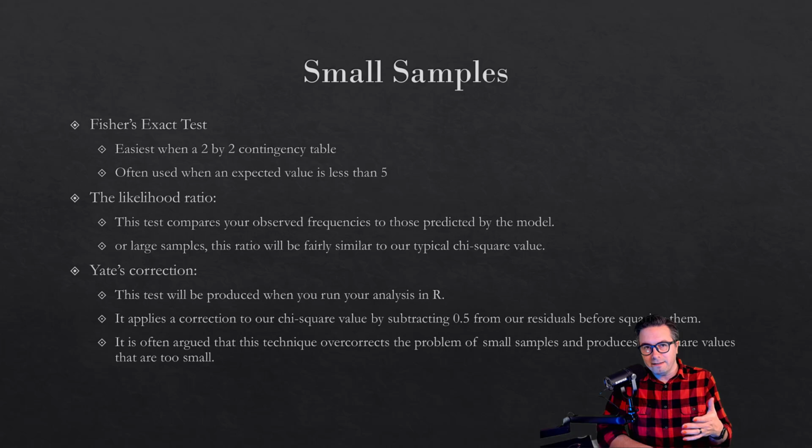It's something you have to consider when doing one of the ways of calculating the chi-square. Oftentimes people argue that it overcorrects the problem of small samples and produces chi-square values that are too small. So for the sake of this class, we're not using it. We won't be calculating Fisher's exact test, and we're not going to be doing the likelihood ratio either. But I want to bring your attention to them because they were in the text.